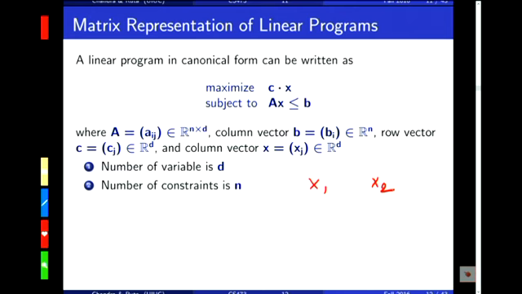One definition of convexity is that if 2 points are feasible, then the line joining them is feasible. That's the definition of convexity. Agreed? So now I'm saying that x1, x2 are feasible. That means A x1 is at most b, and A x2 is at most b. This is given.